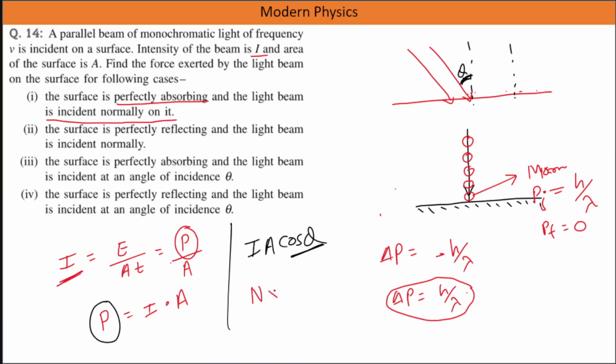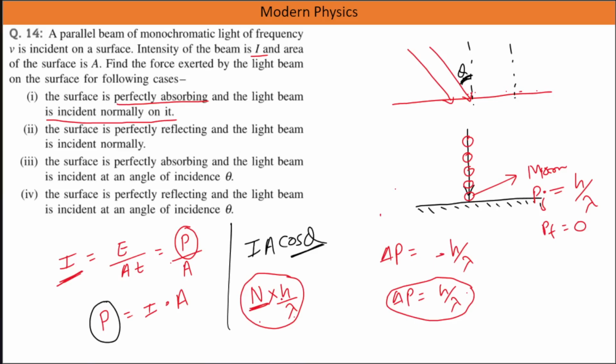So if you multiply n with h by lambda, where n is the number of photons striking per second, there is a time factor coming in, and this is your change in momentum. So this will become the total change in momentum happening per unit time.